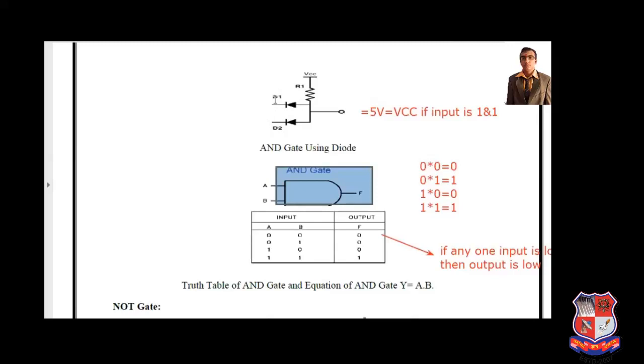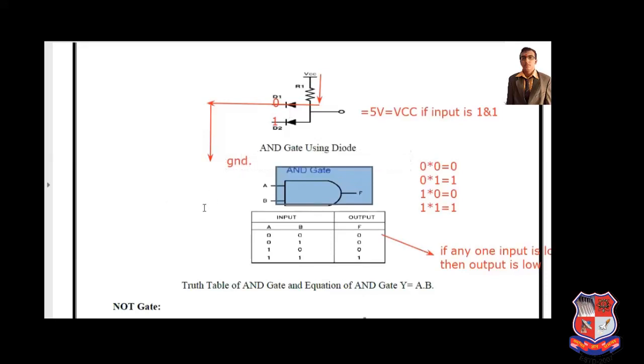Here we apply 0 volt. Okay, this diode acts as a forward bias, but here it is reverse bias. So here it is open circuit, but all the current flows like that. And here it is connected with ground, because the voltage is always connected with ground.